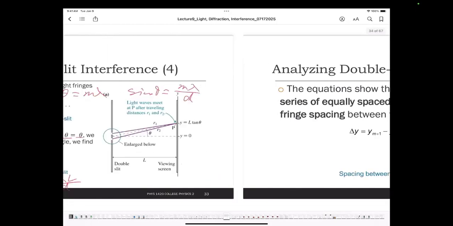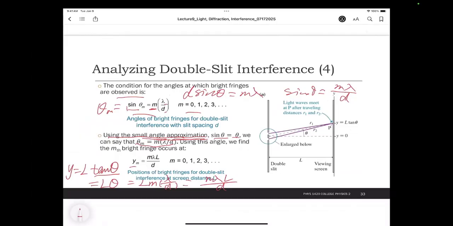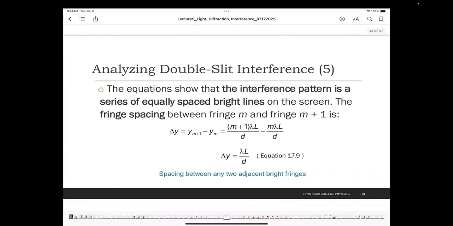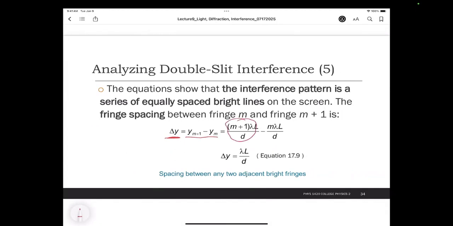So this equation shows that the interference pattern is a series of equally spaced bright lines on the screen. The fringe spacing between fringe m and fringe m plus 1 is, you can see, the difference in distance y m plus 1 minus y m. It is just equal to what?